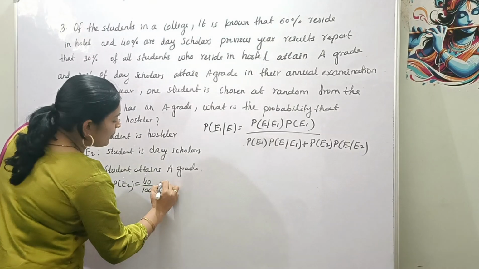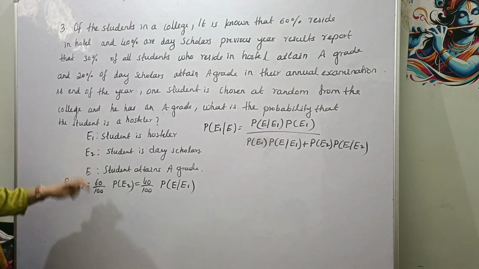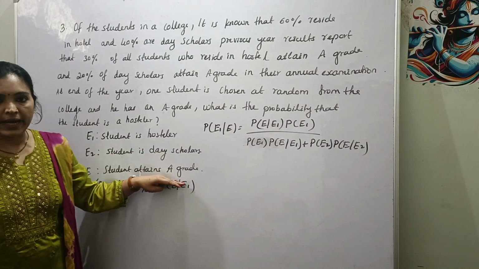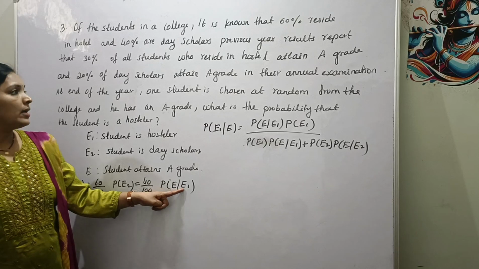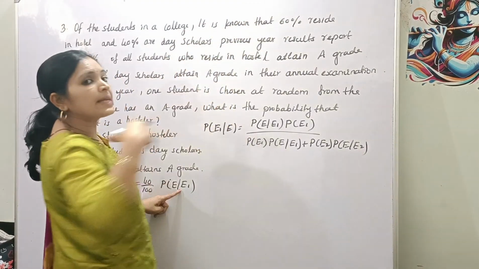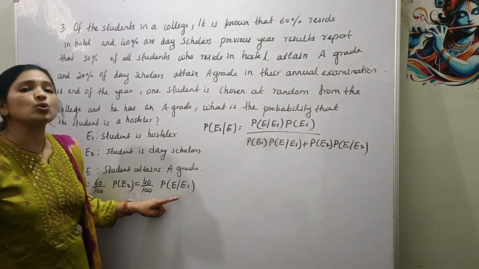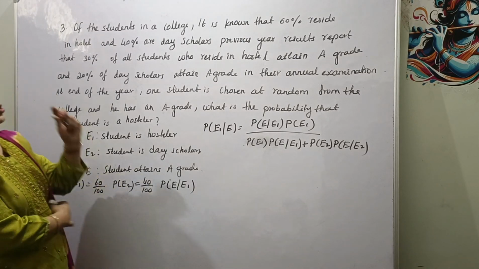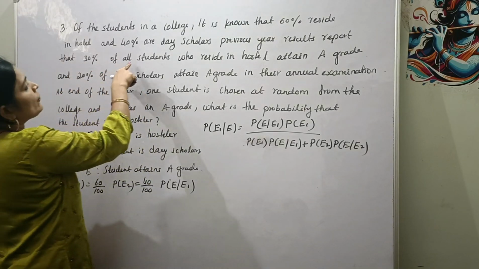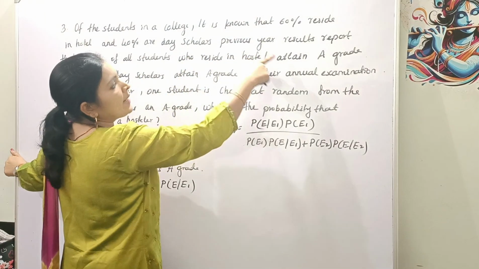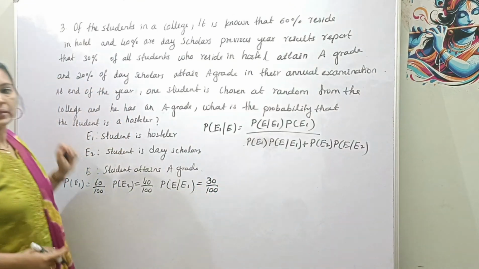And probability of E given E1, that is the probability that the student attains an A grade given that he is from E1, the students residing in hostel. It is given that 30% of all students who reside in hostel attain an A grade, that is 30 divided by 100.